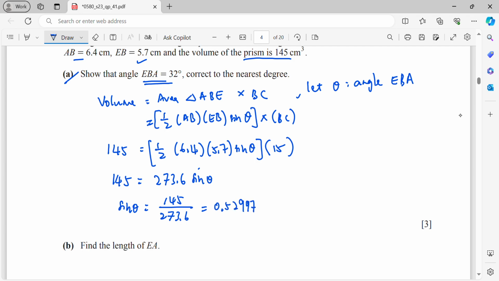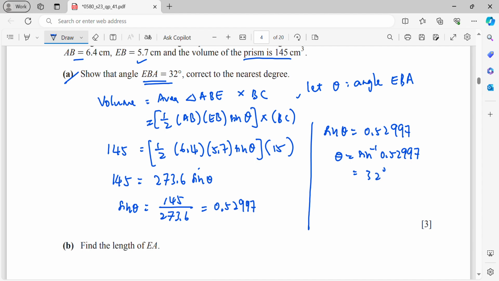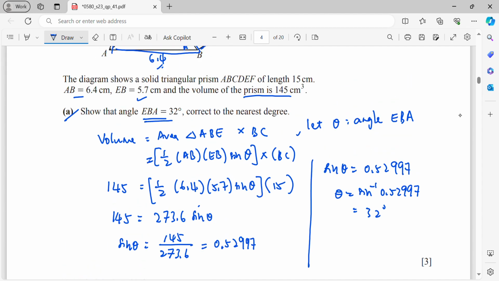Since sine theta is this value, therefore theta is inverse sine, and that is going to be 32 degrees. Okay, so we have shown the angle. So that's the solution of this question.